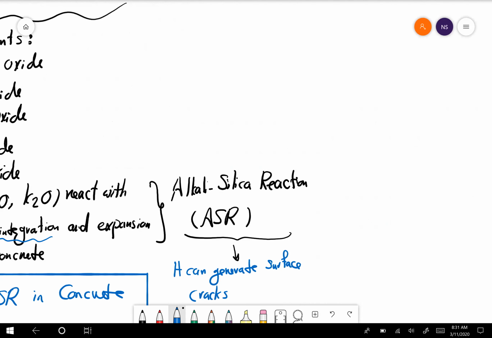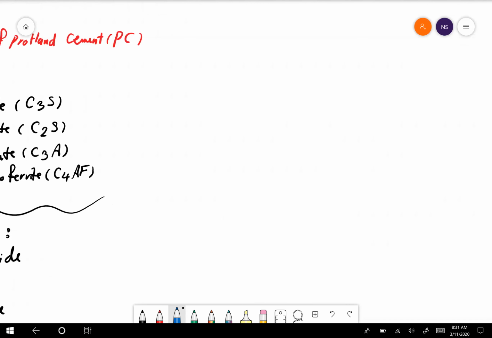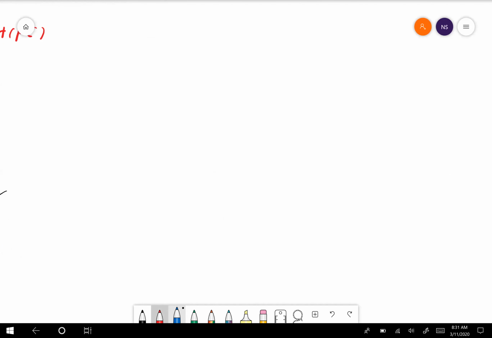Okay. So now that we know a little bit about the production, we can go ahead and talk about the estimation of the properties in the lab.